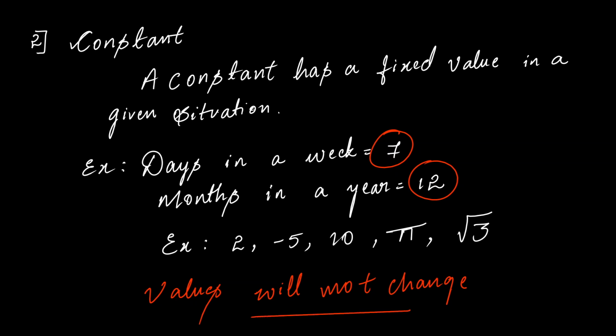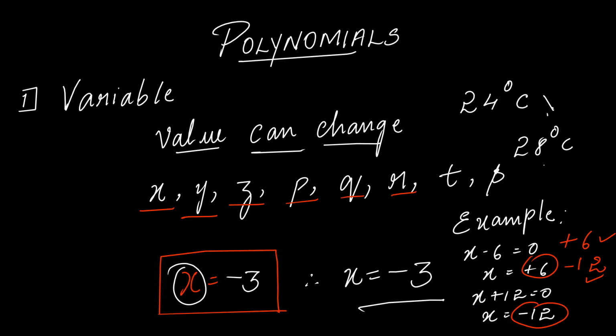If you take pi, pi will be the same. Here in India it will be the same. In Delhi it will be the same. Wherever you go, pi will always be pi. So the value does not change. So it is called a constant. Then if you see a variable, the values get changed. The x value is varying.